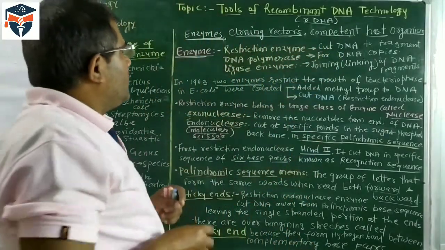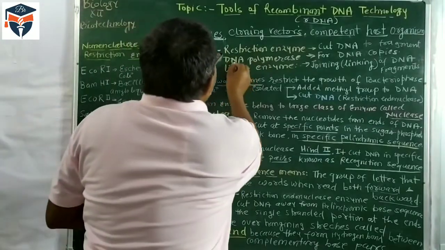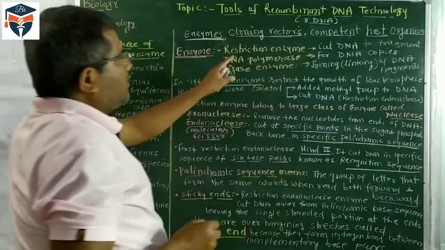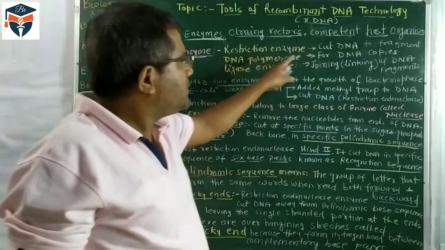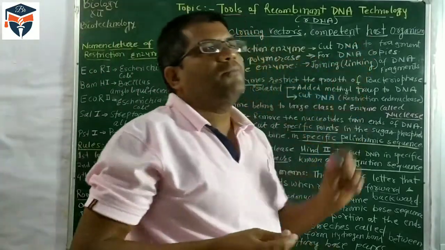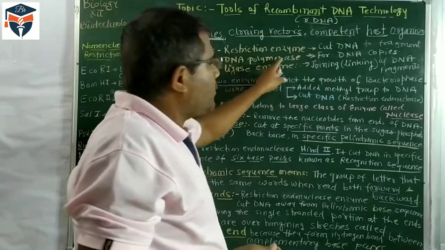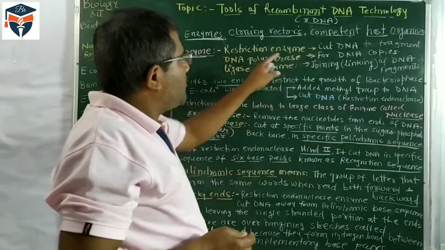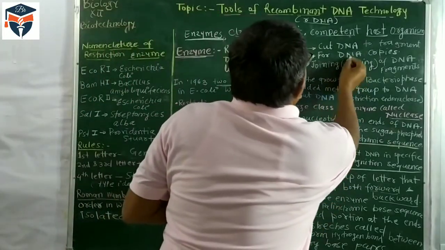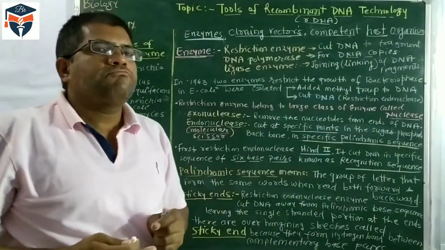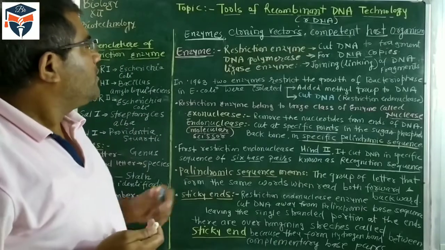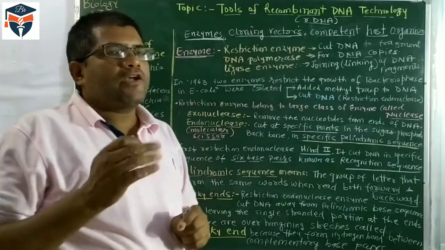Number two enzyme used in recombinant DNA technology is DNA polymerase, and this DNA polymerase helps to make DNA copies. So a number of copies of the DNA are formed in recombinant DNA technology.